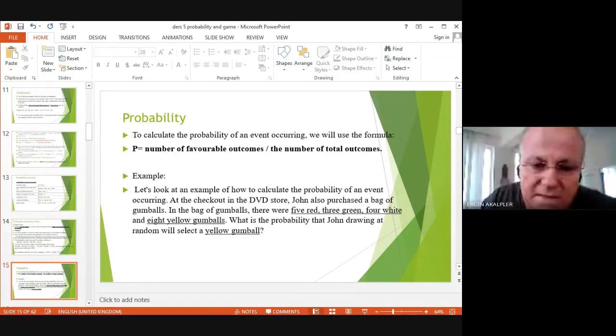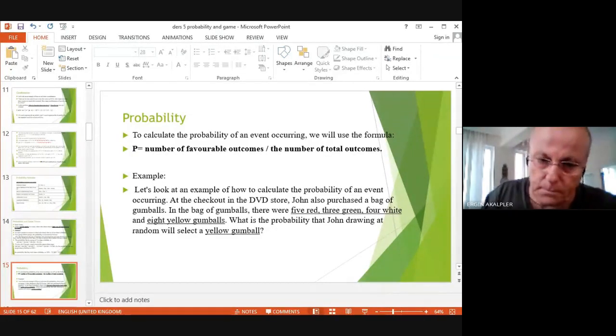We have an example, as I said, to calculate the probability of an event, which was given before with numbers. Now we are giving colors. John is supposed to purchase a bag of gumballs, and in the bag there are green, white and 8 yellow gumballs.